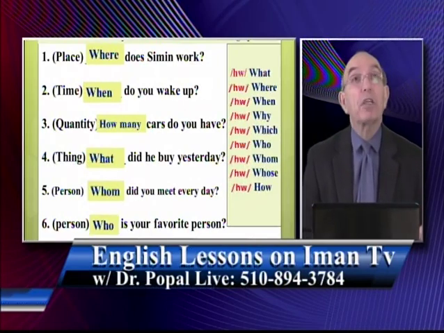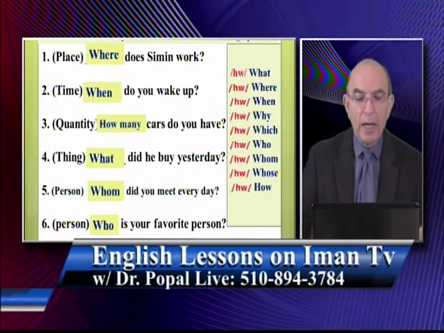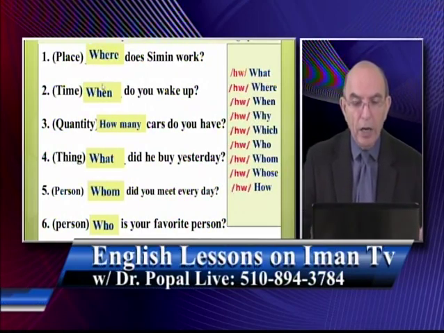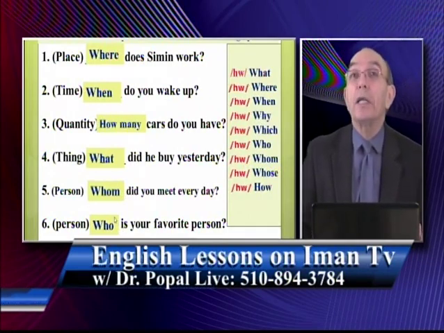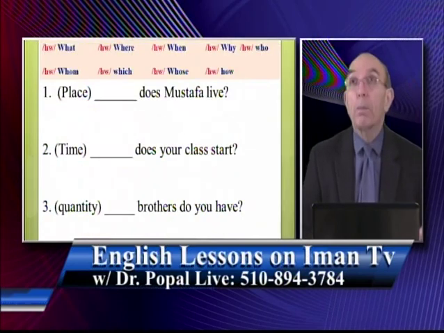Who is your favorite person? You say, John is my favorite person. So you could say that what? After WH, where, when, how many, what, whom, who. See? Does, do, did, is. We always use what? WH words.